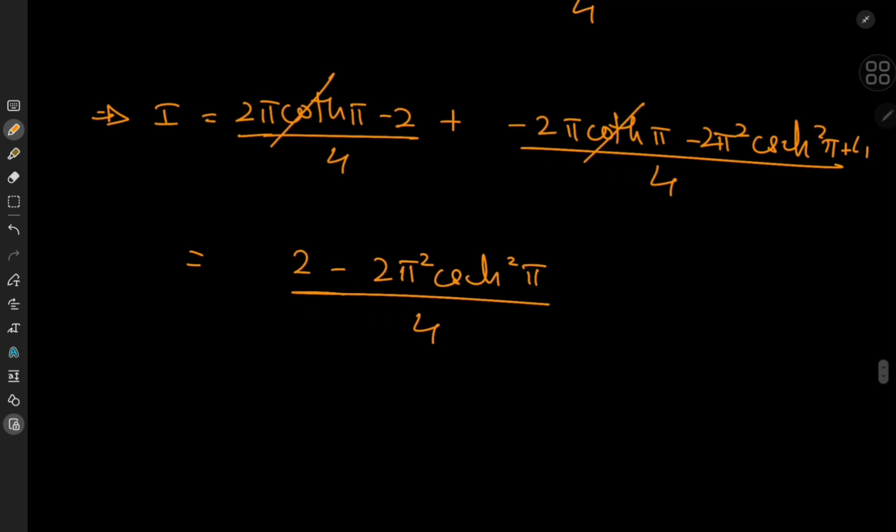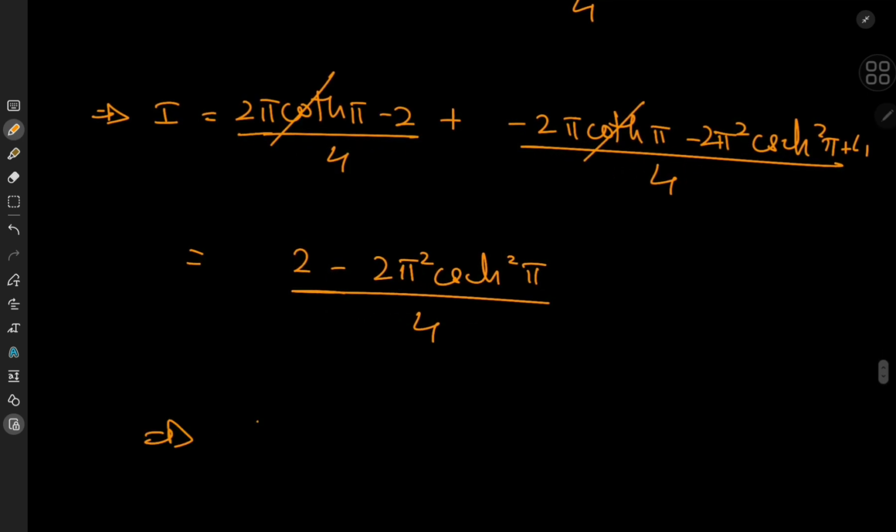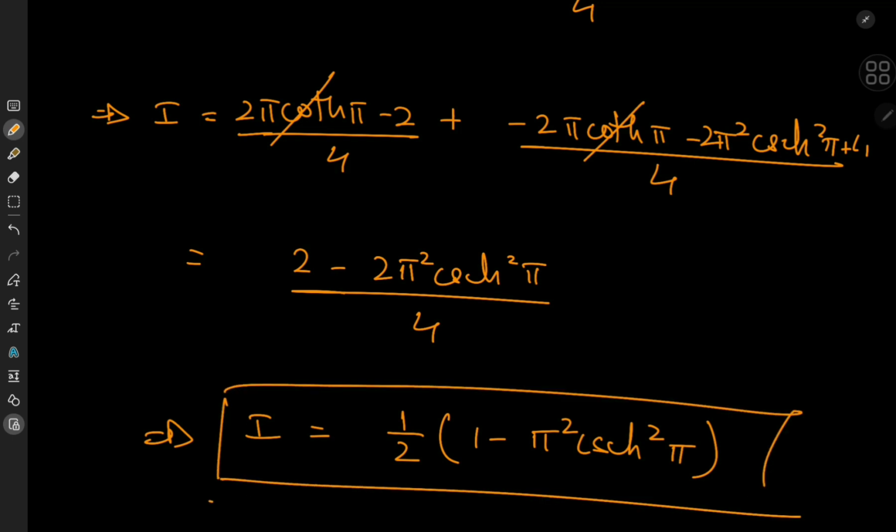So we can cancel out a factor of 2, which implies that the target integral sorts out to 1/2 of 1 minus pi squared times the square of the hyperbolic cosecant of pi, which is a pretty awesome result. It is wonderful indeed, and I enjoyed everything apart from the labor of differentiating and applying the product and quotient rules. I missed a factor of 2 there as well, so yeah.